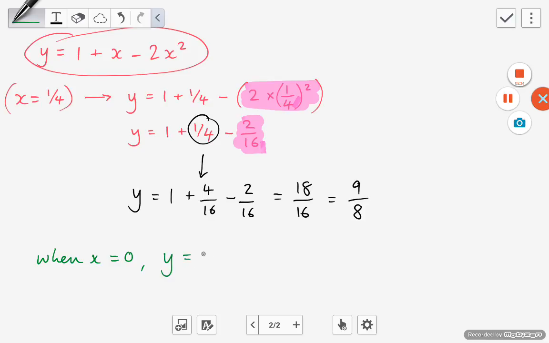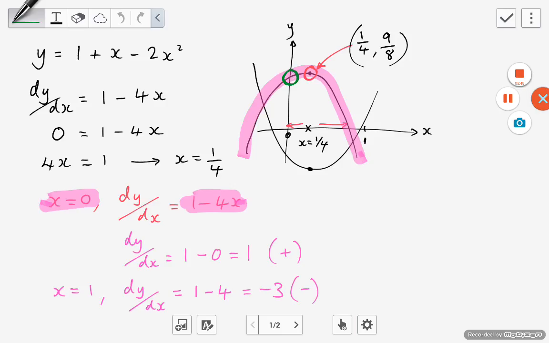So y is equal to 1 plus 0 minus 0. So y must equal 1, giving me a coordinate of 0, 1. Let's mark that on the diagram. So that there is 0, 1.